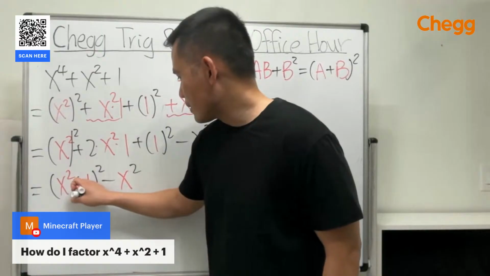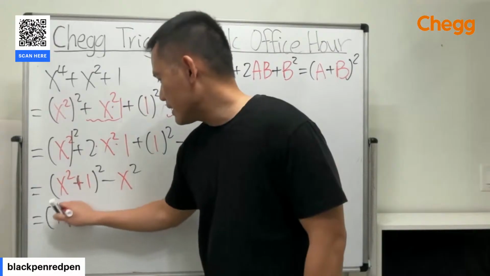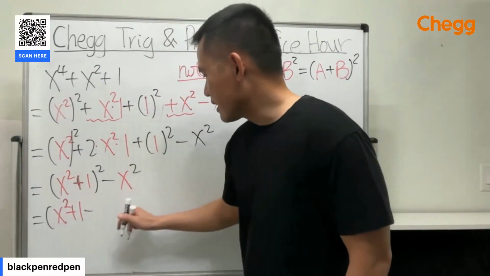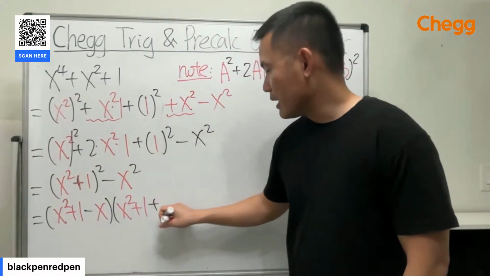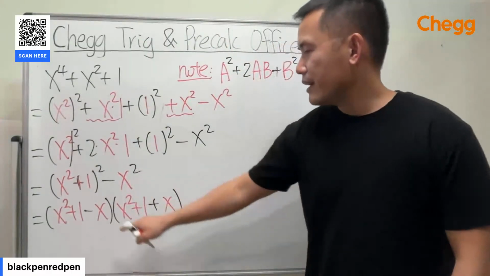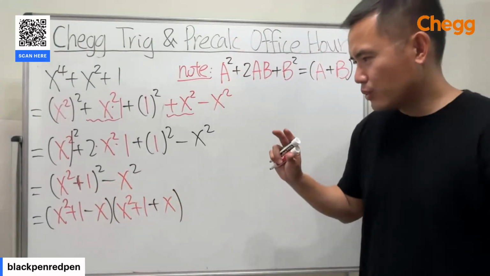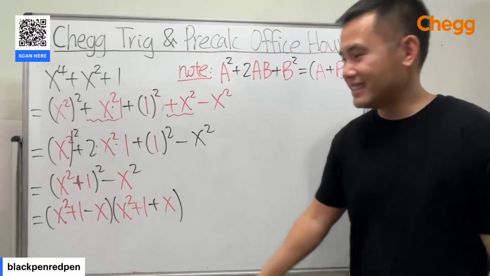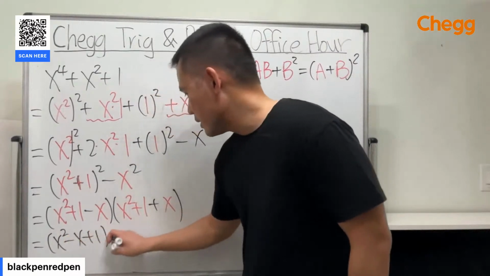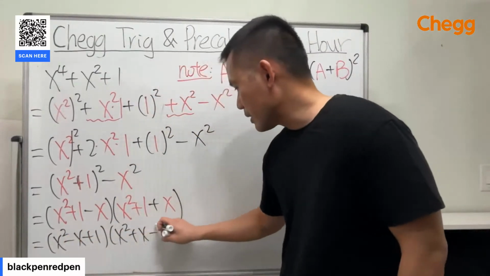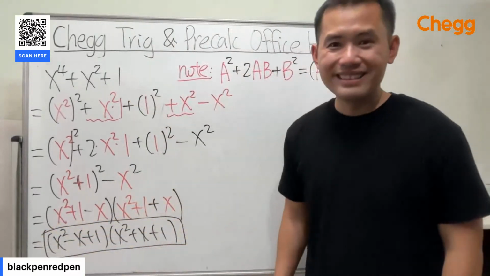Here we have the first thing, x squared plus 1, minus the second thing here, times x squared plus 1, plus the second thing here. A minus b times a plus b, just like that. And then finally, I just want to change the order to the order that we like. Put this here first. So we have x squared minus x plus 1, and then x squared plus x plus 1. And then we're done. Just like that. Okay.